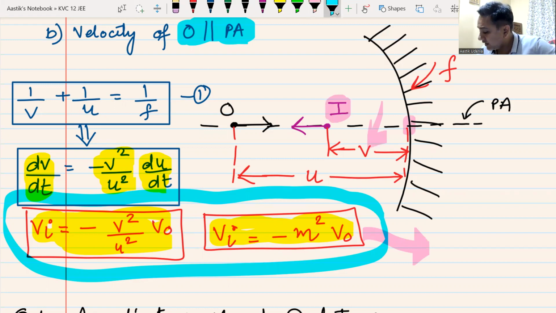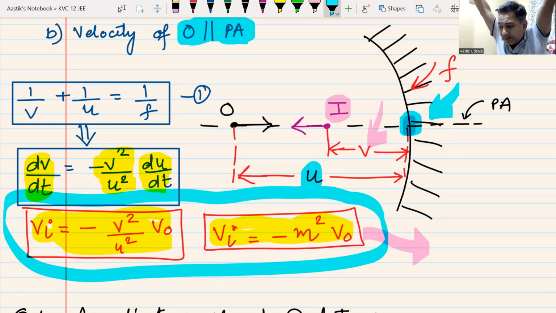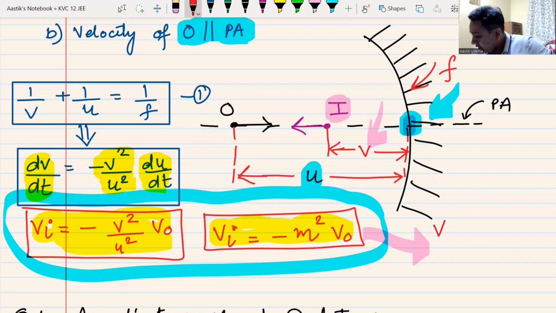And I have also taken the distance of the object from the mirror itself, yes or no? That is the only difference if the mirror also starts to move: I have to write this formula in this way: velocity of the image with respect to mirror will be equal to minus m square times velocity of the object with respect to mirror. Do we understand this?